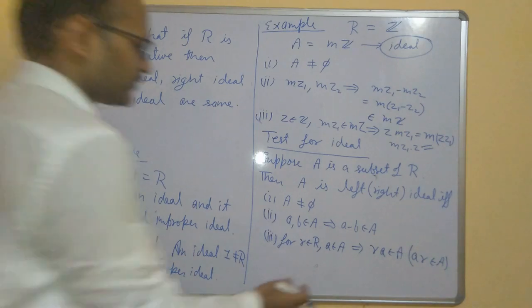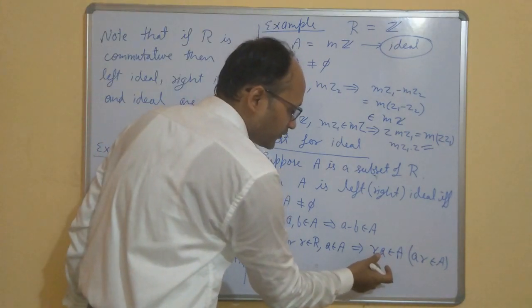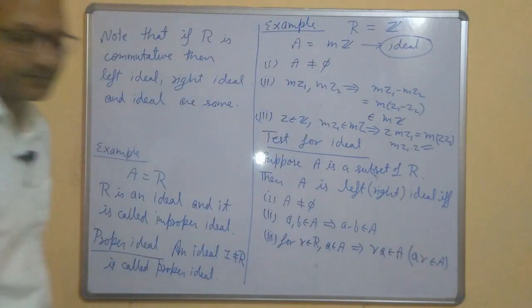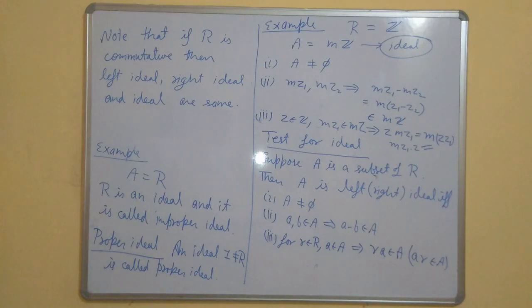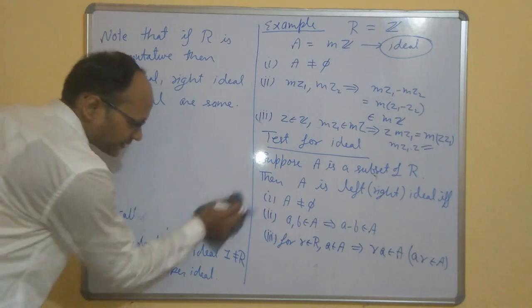So this condition R into A, if you take, or A into R, both are the same. So left ideal and right ideal are the same thing, and because they are the same, every left ideal is a right ideal and every right ideal is a left ideal, so every left or right ideal is an ideal. So this was one remark.